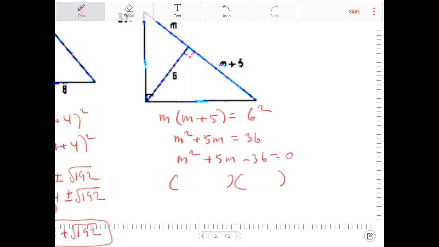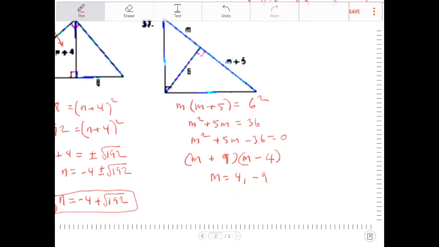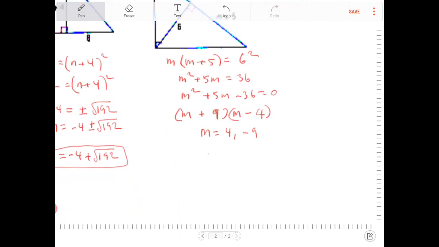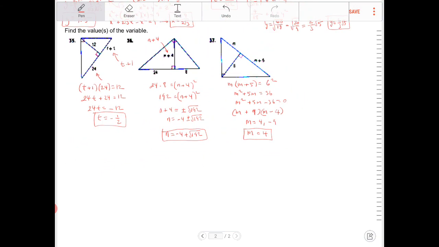That would be 9 and 4. Right? So positive 9 and negative 4. So m will equal to 4 or negative 9. Well, which one can it be? Because we're dealing with a physical length here, we cannot have negative length. The only one that would make sense is m is equal to 4. And that's it.